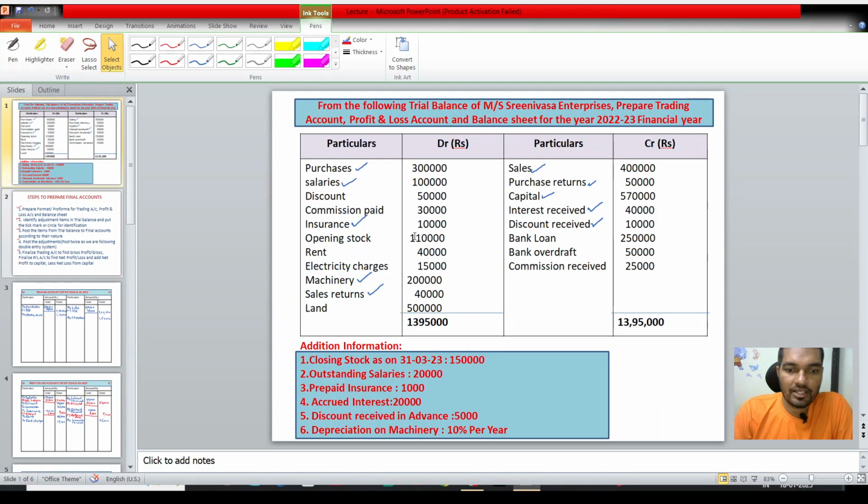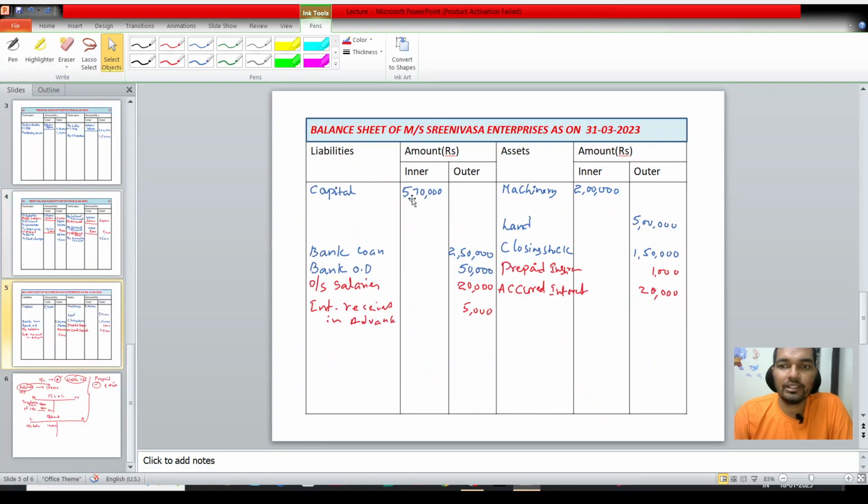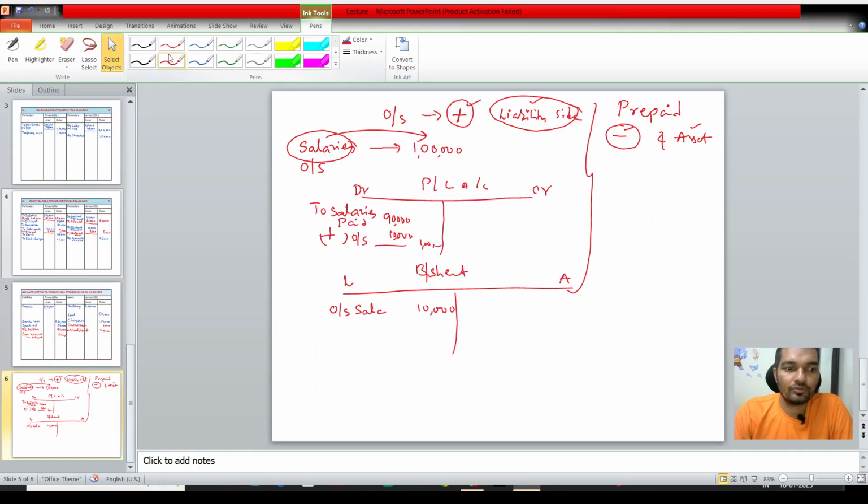in fact the last adjustment, depreciation on machine, 10% per year or per annum. The value of the machine is given here as 2 lakhs. So what we need to do here is 2 lakhs into 10%, that is 10 by 100.